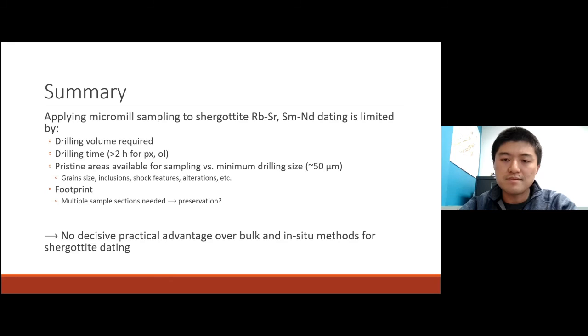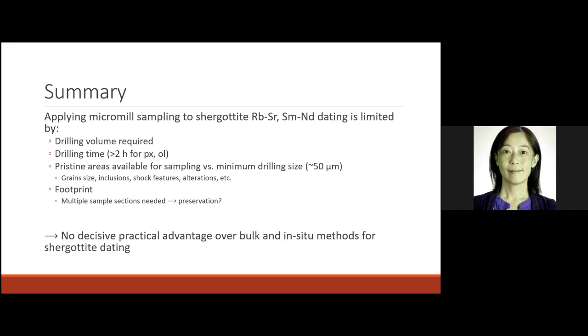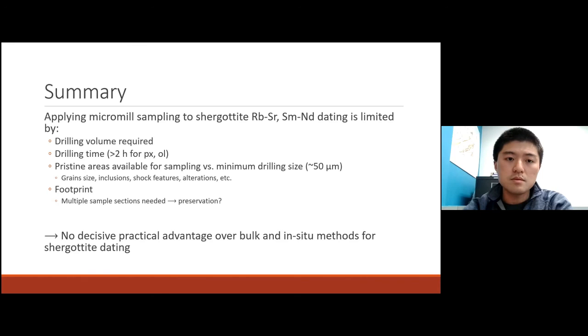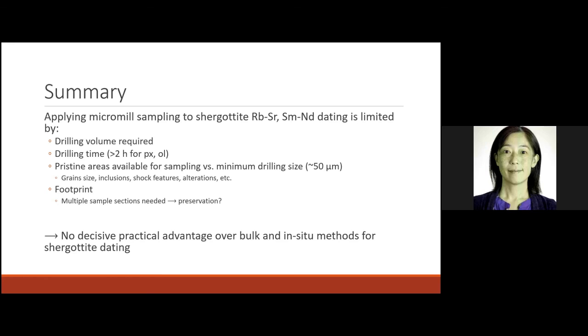Okay. The second question is, what's your plan after you drill those samples? Usually what we do is traditional crushing and picking. For example, when we're doing lutetium-hafnium, we measure just a few milligrams.